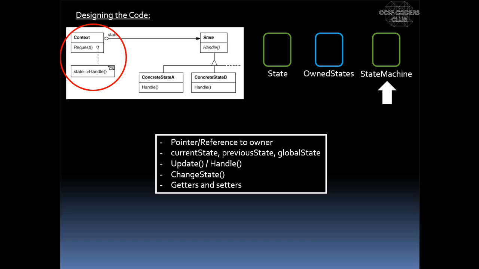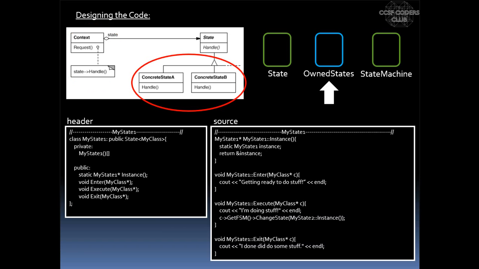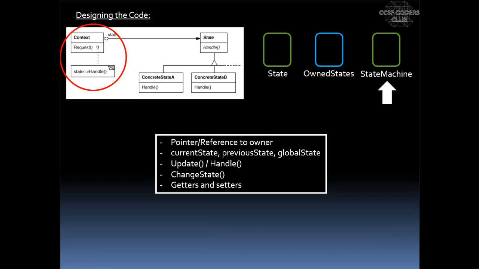The change state function is going to call the exit and enter functions as well as change what your current state is. So going back to this, if we're going from state 1 to state 2, the change state function will first call the exit function for state 1, then call the enter function for state 2, and last it'll change the current state from state 1 to state 2.